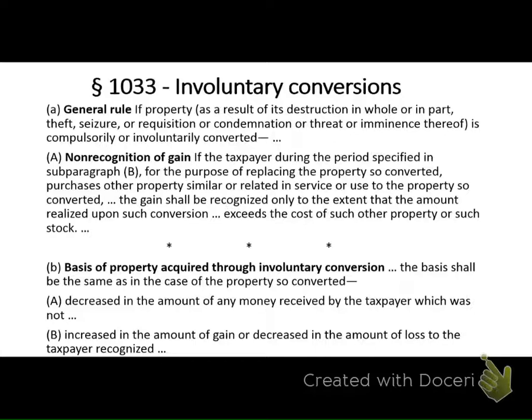This is another exception to 1001(c). 1001(c) was that provision that told us if we realize gain, we recognize it unless something says otherwise. 121 says otherwise. If you have a personal residence and you sell it, you exclude from gross income gain to the extent of $250,000 for an unmarried individual, and $500,000 for a married couple filing a joint return.